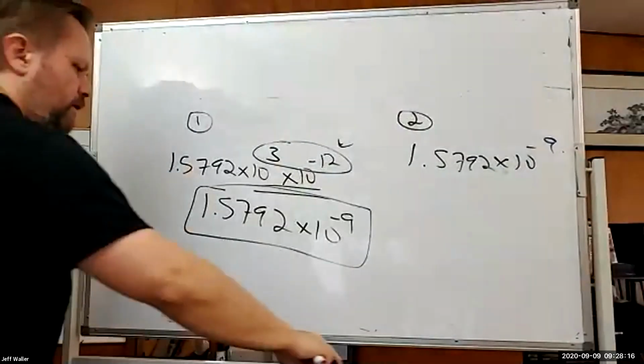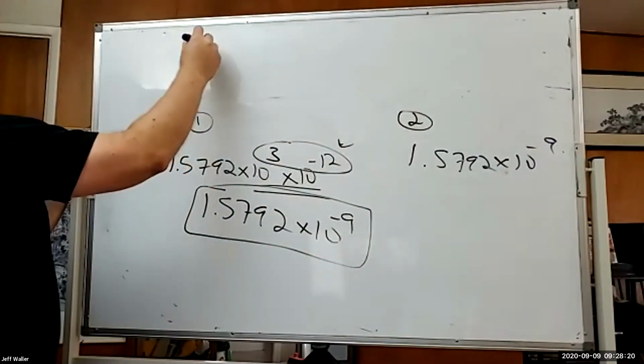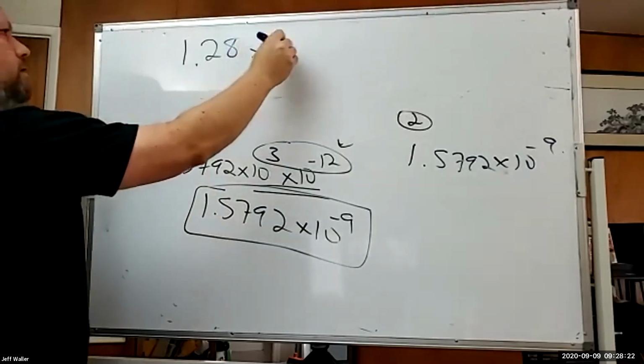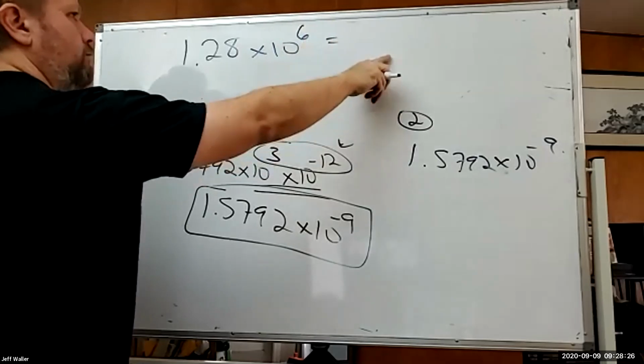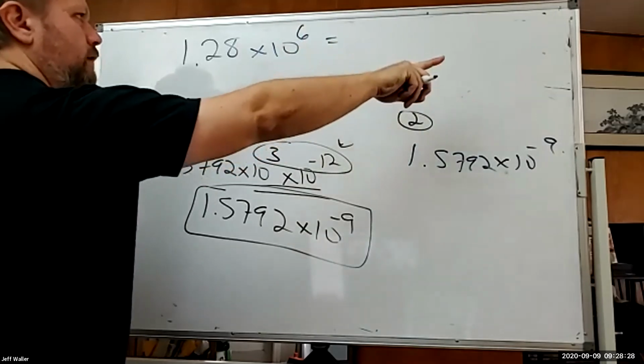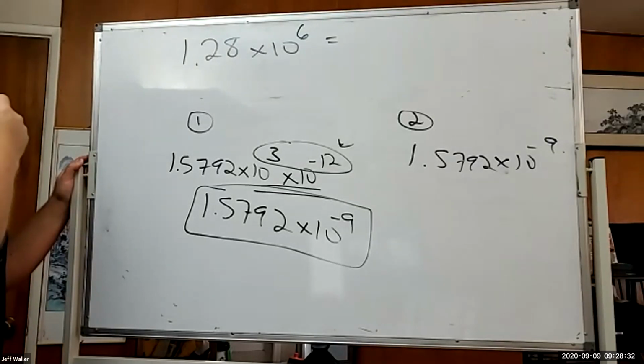So let me ask you this. Let me make sure we can all do this. I think we did one like this. Can you guys rewrite that in decimal notation? You can erase the bottom part and we'll just start again.